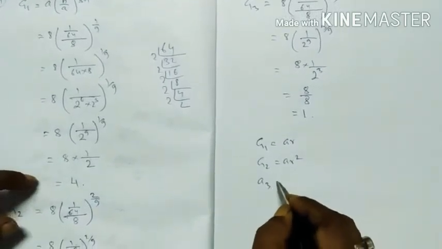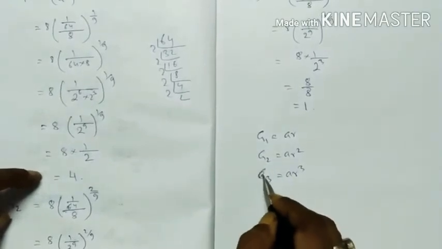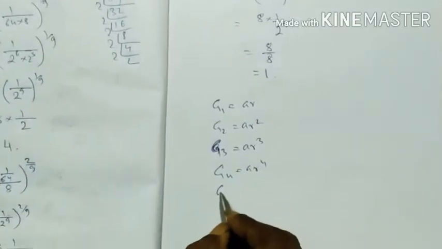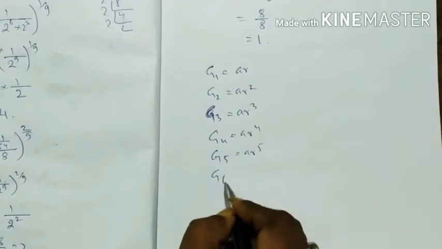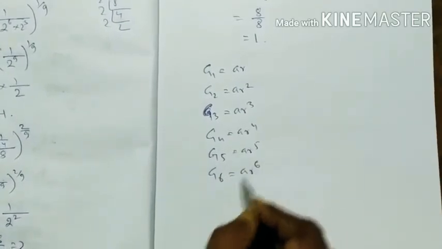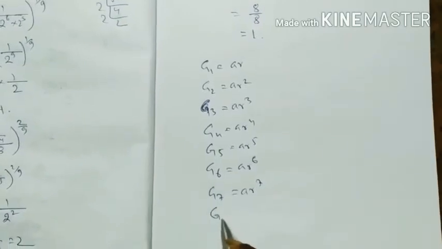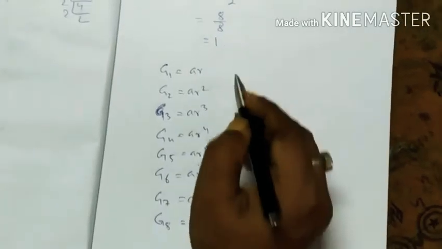G3 is AR cube. G4 is AR4. G5 is AR5. G6 is AR6. G7 is AR7. G8 is AR8.